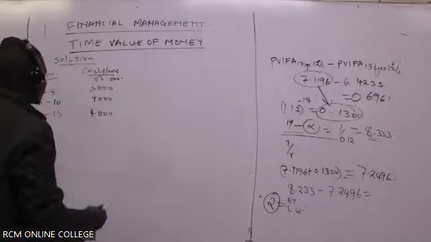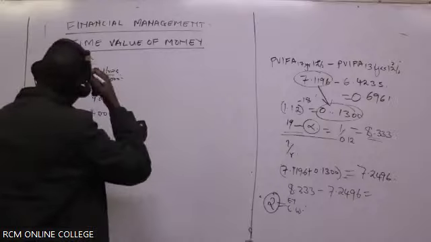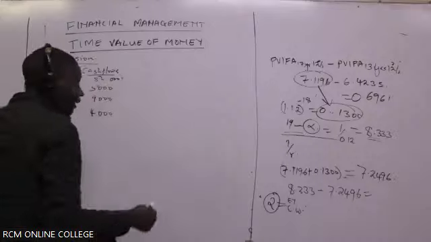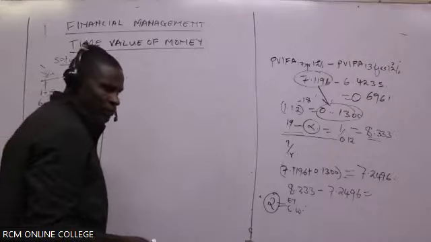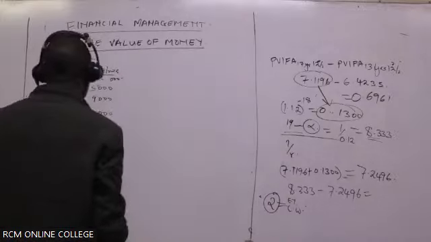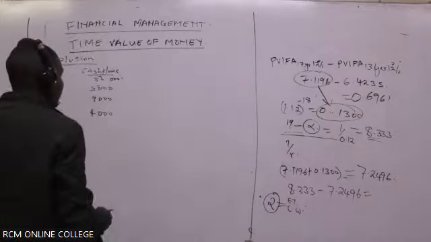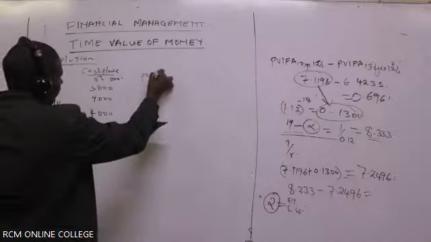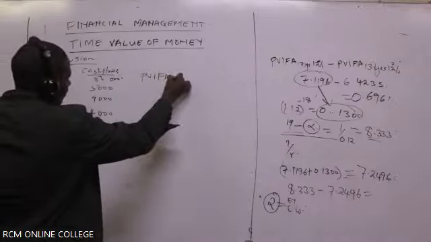Good. All these cash flows are regular, all these cash flows are the same, and therefore we're going to use PV for 10%.